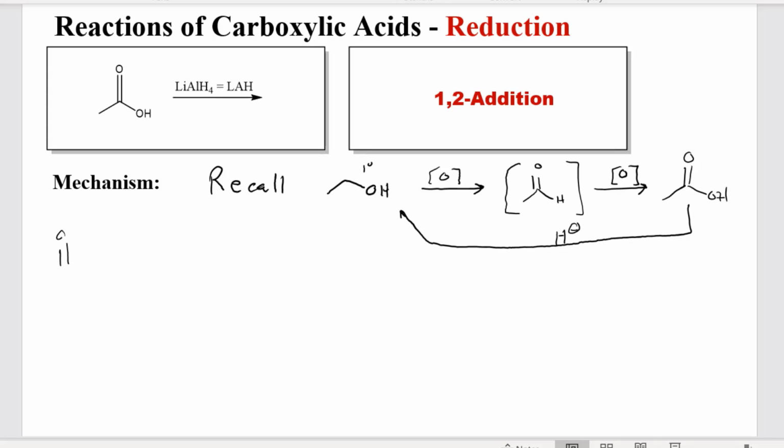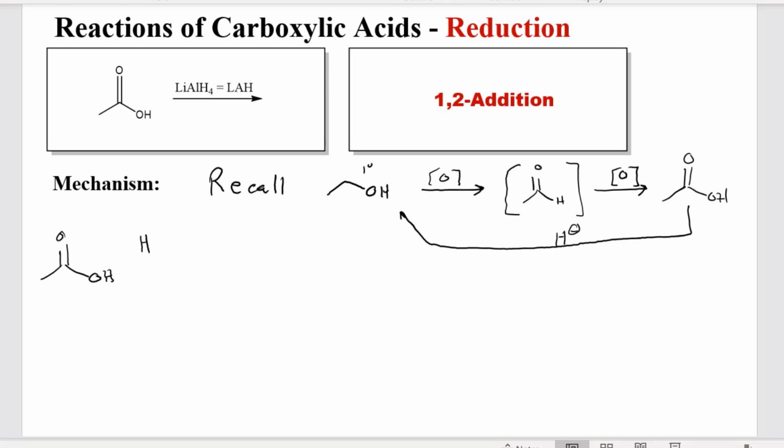Now, the reason why the mechanism is a little dicey is because the first step is clearly going to be, if we have an H- source like lithium aluminum hydride, acid-base chemistry is going to prevail. We're going to have this problem, but despite that, we have to assume that there's some proton source around that can allow the oxygen to not leave as an O2-.